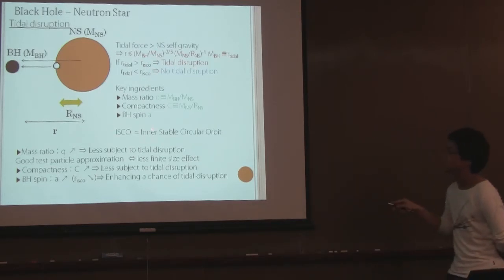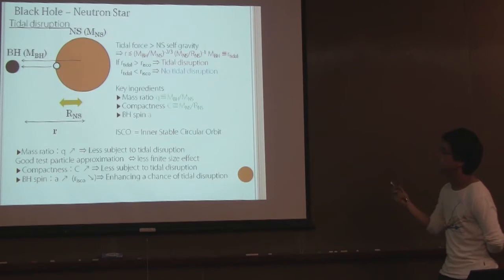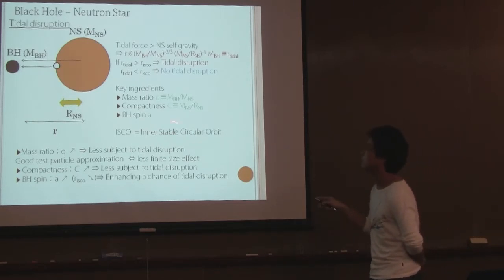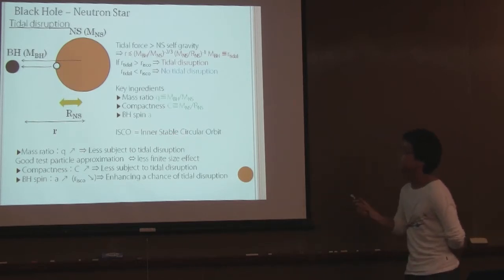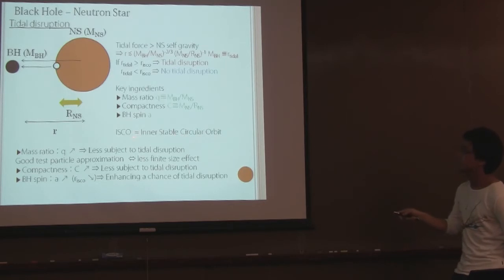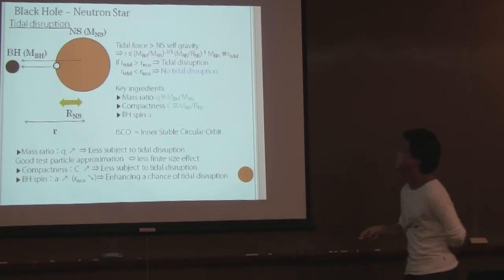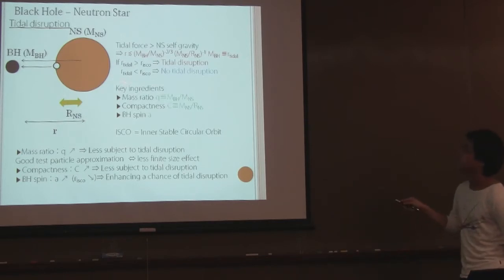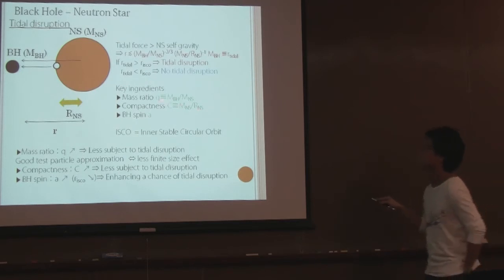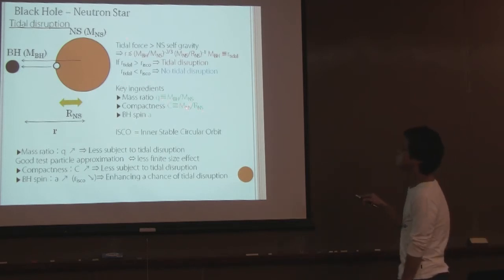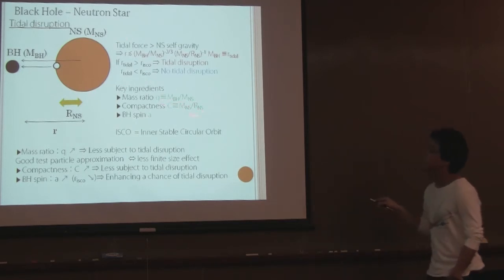The inner stable circular orbit is an orbit within which there is no stable circular orbit, which means that a fluid element inside the inner stable circular orbit cannot escape from the capture by the black hole. The key ingredients of the tidal disruption in black hole neutron star systems are the mass ratio, compactness, and the black hole spin.